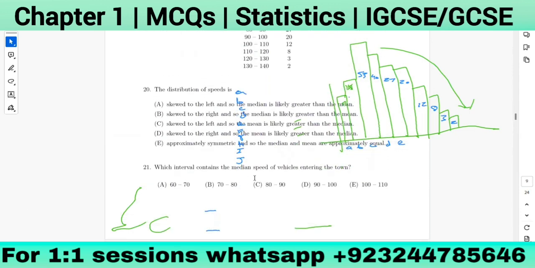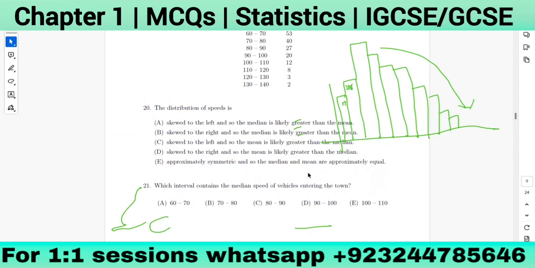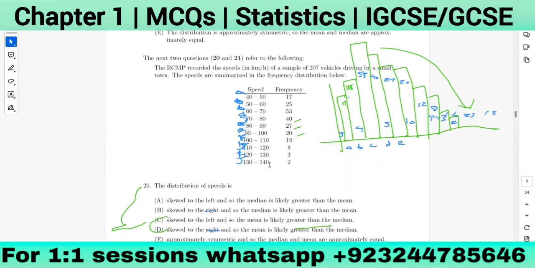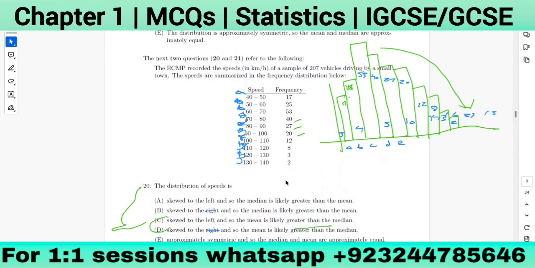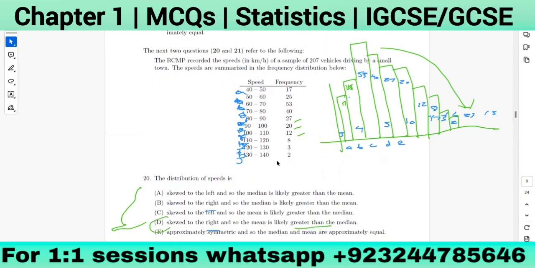Which interval contains the median speed of the vehicles entering the town? So the median speed of the vehicles is between the interval. Which interval contains the median speed? Is E the median one?